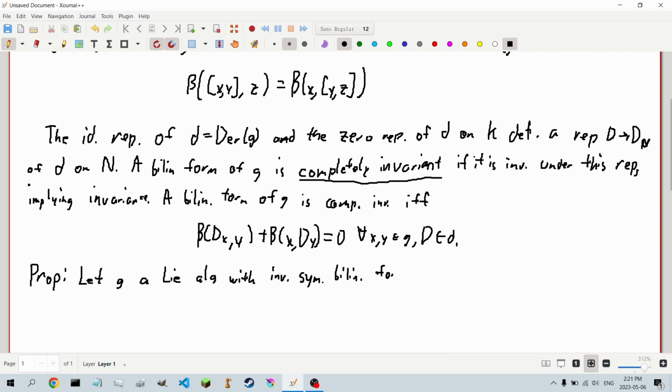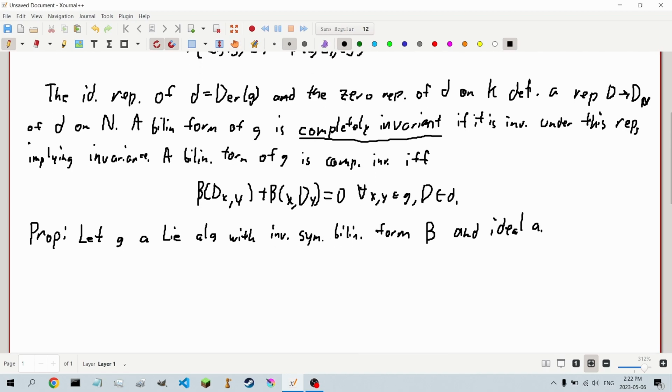I'm guessing symmetric means that its arguments commute. And we're going to call this bilinear form beta, as always. And G also comes with an ideal A. Here are the three parts of our proposition.